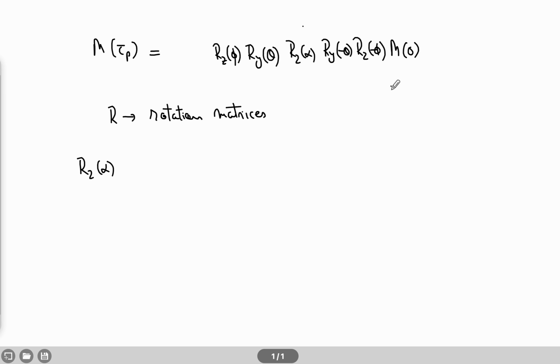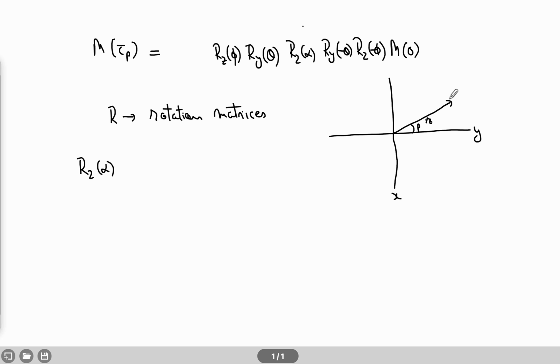Because the rotation is about the z-axis, let's draw a two-dimensional coordinate system, since anything moving about the z-axis is not going to change the z coordinate. Suppose you have a vector r which initially makes an angle p with the y-axis, with initial coordinates x1, y1.